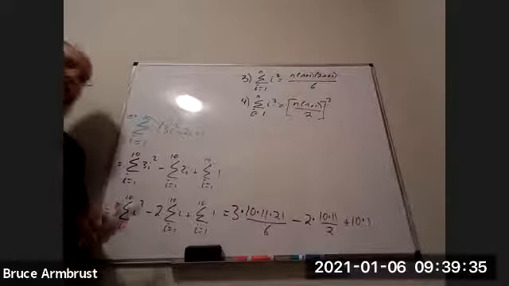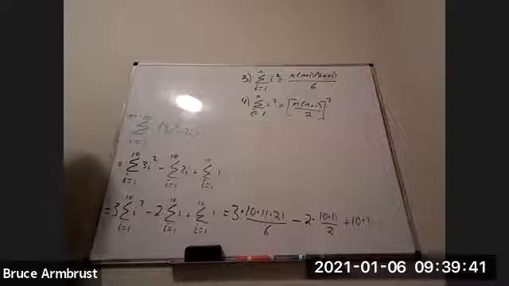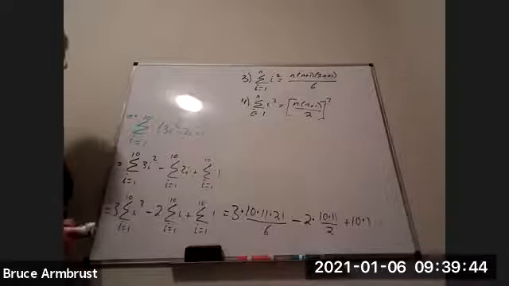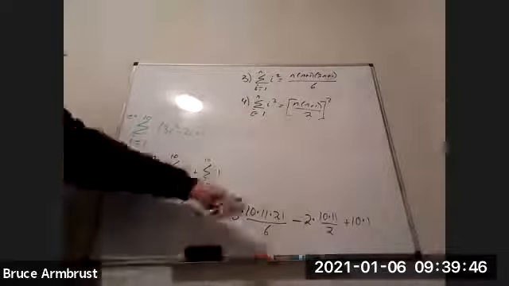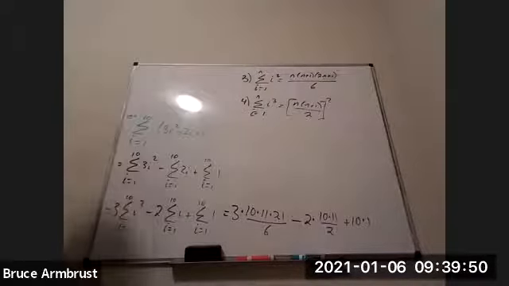C times n, the constant times n. All right. Well, now we're ready to just plug and chug and get our numbers.